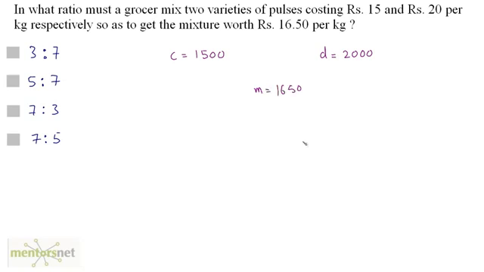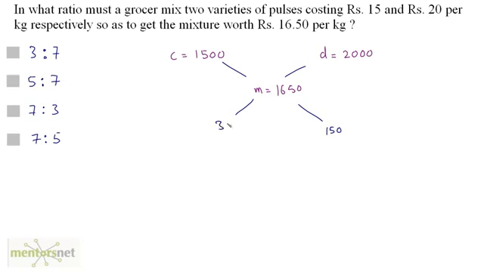So we have on the right hand side the difference between the cheap price and the mean price, and that's 1650 minus 1500, and that will be equal to 150.